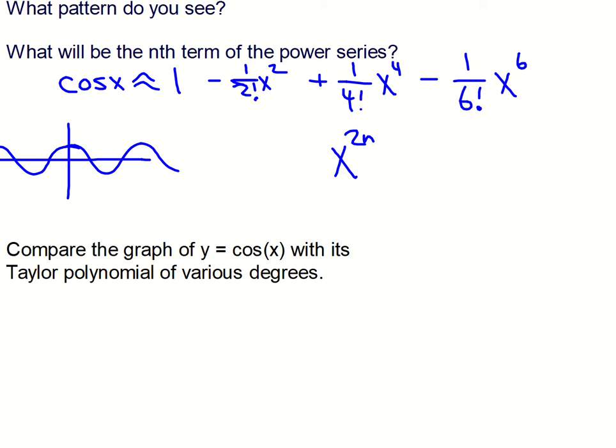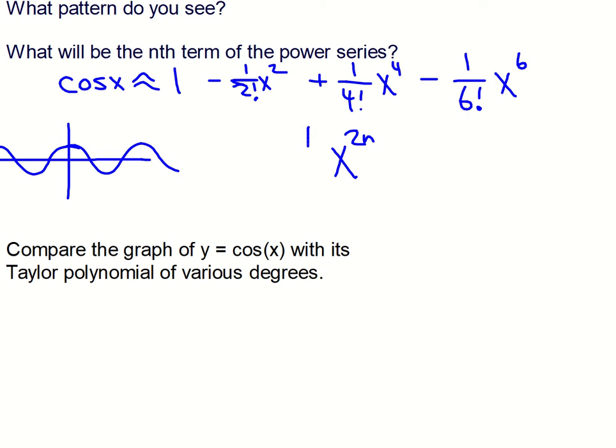That's okay, because we can make our starting index 1, or we can make our starting index 0 if we were writing this in summation notation, whichever is the easiest way to write it. So we're just going to stick with 2n for the power there and not worry about that.